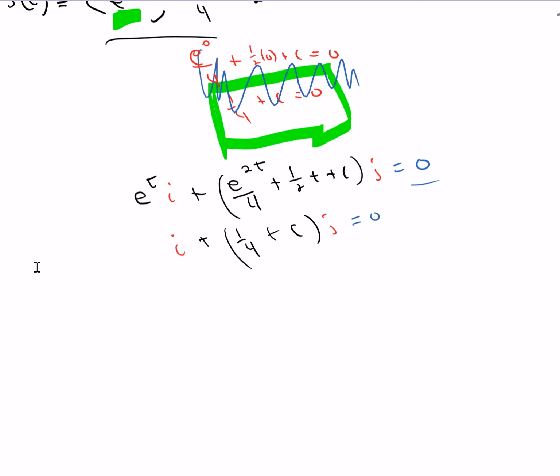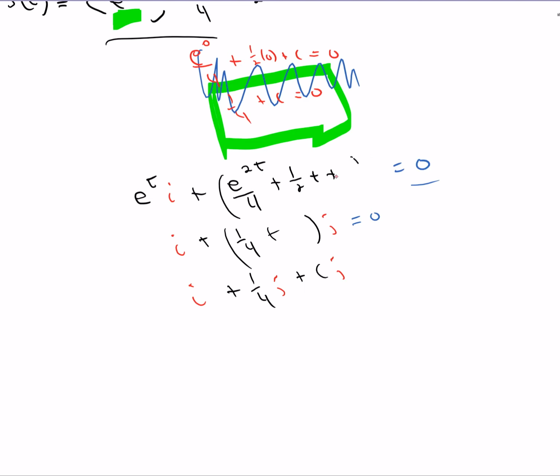So we're going to basically solve for c, which means we could distribute. Let's start by distributing the j. We're going to have 1/4 j plus cj. Right, and then we can, no, the c is not, oh man, the c is not part of the j.